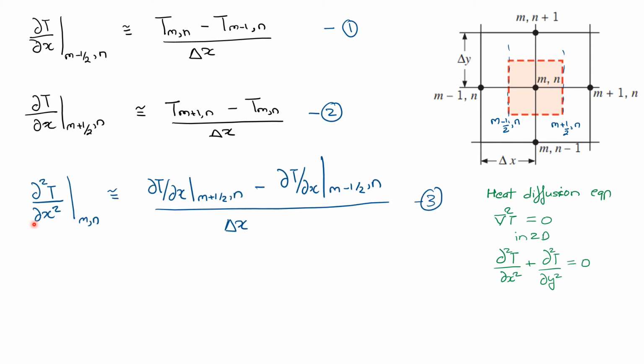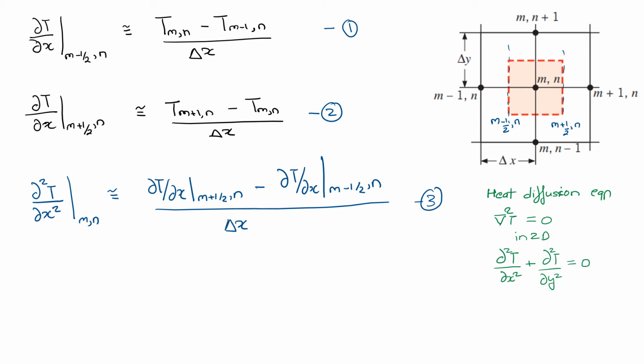Now what will our del square T by del x square be at these particular locations? So we can write our del square T by del x square as the difference between the gradients at these two locations. What do I mean by difference between the two gradients? It means the del T by del x at m plus half comma n, minus the gradient at m minus half comma n, that's del T by del x at m minus half comma n, divided by delta x.